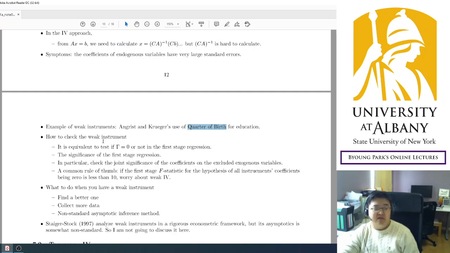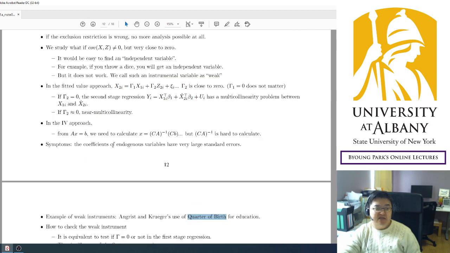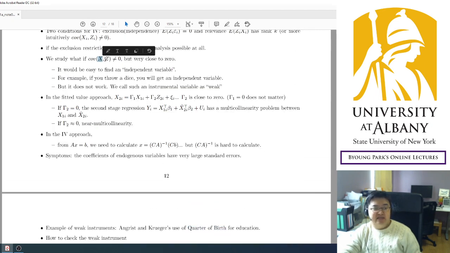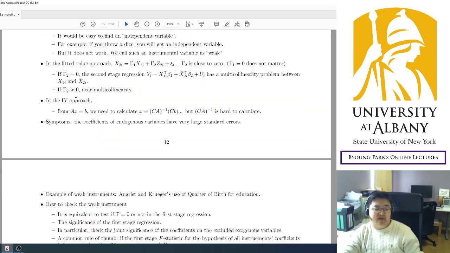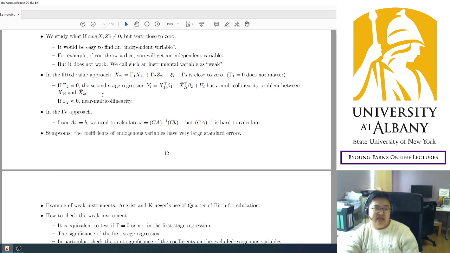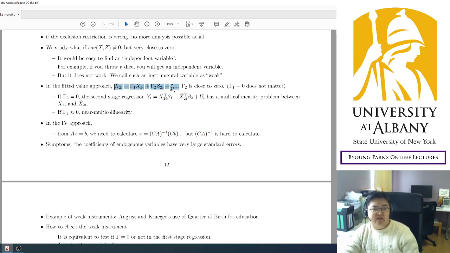Then how do we check for a weak instrument? It's really easy, because you observe X and Z at the same time. Both are observed, so assumptions on observed variables can be tested easily by checking how they behave. If you have a scalar endogenous variable and a scalar instrument, you can simply calculate the covariance and check whether it is close to 0 or not. Alternatively, just as easy, estimate the first stage regression.